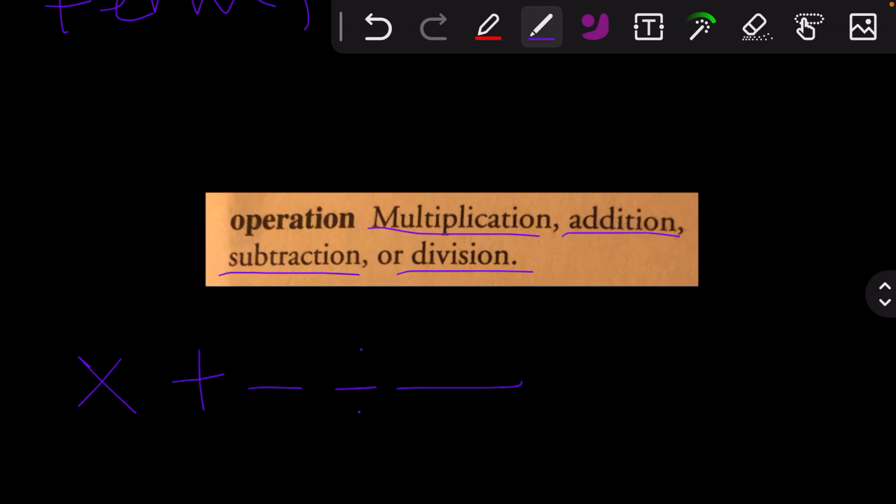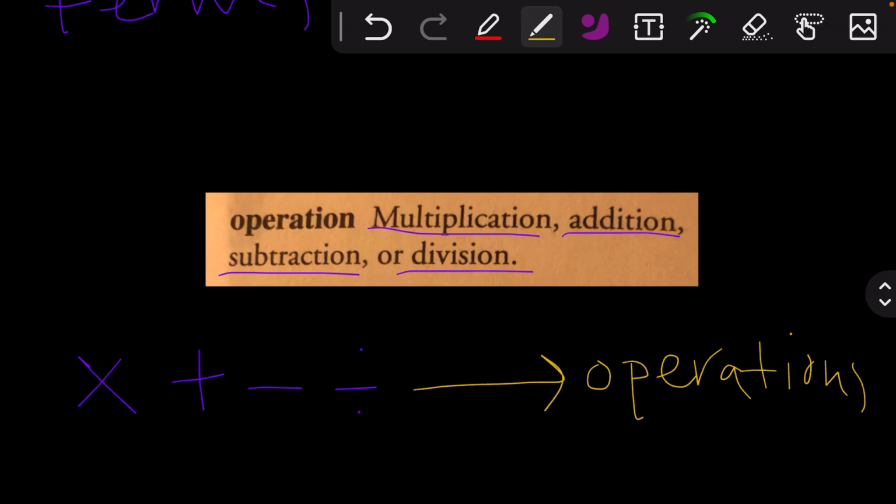These are the 4 operations. So when people in science and math speak of the order of operations, this is what they're referring to.